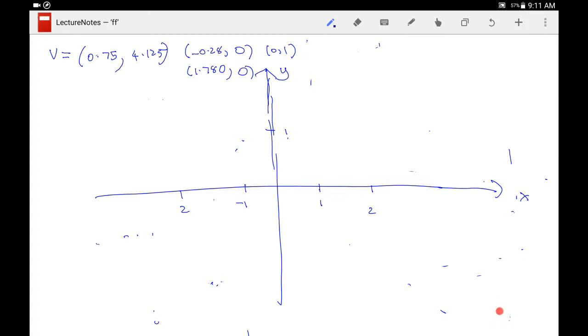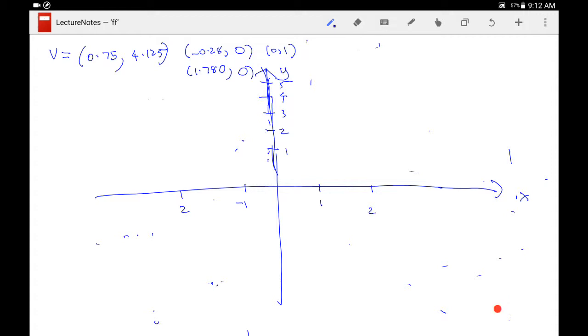Here it's 1, I need 1. This one y goes up to 4.